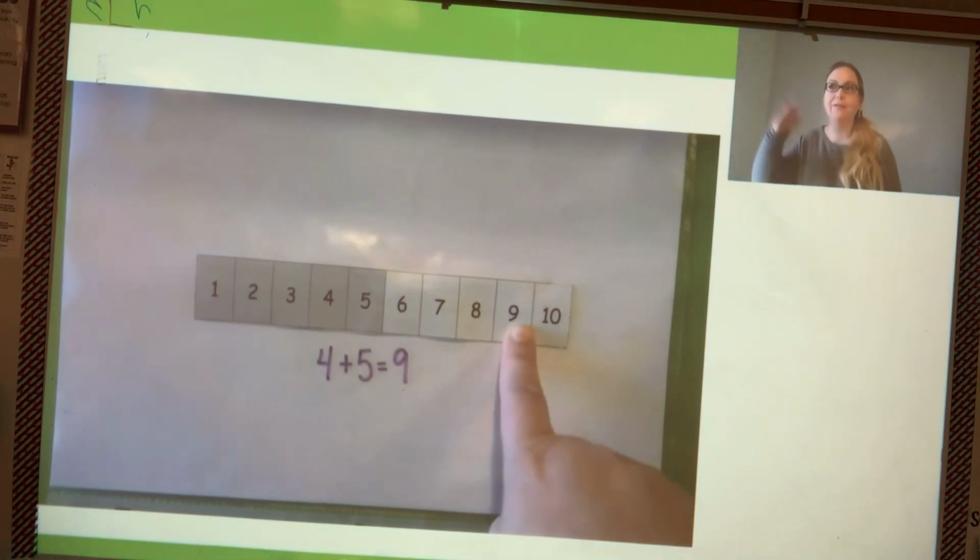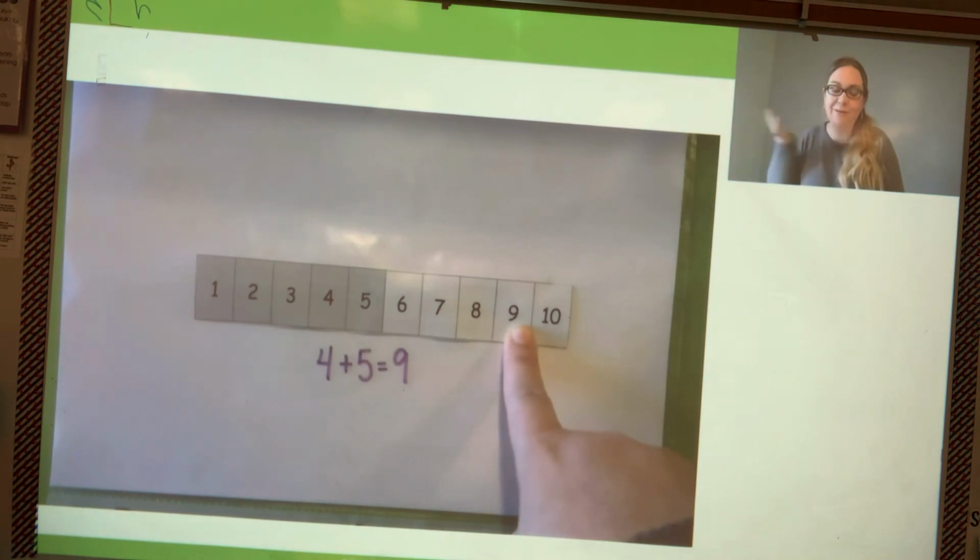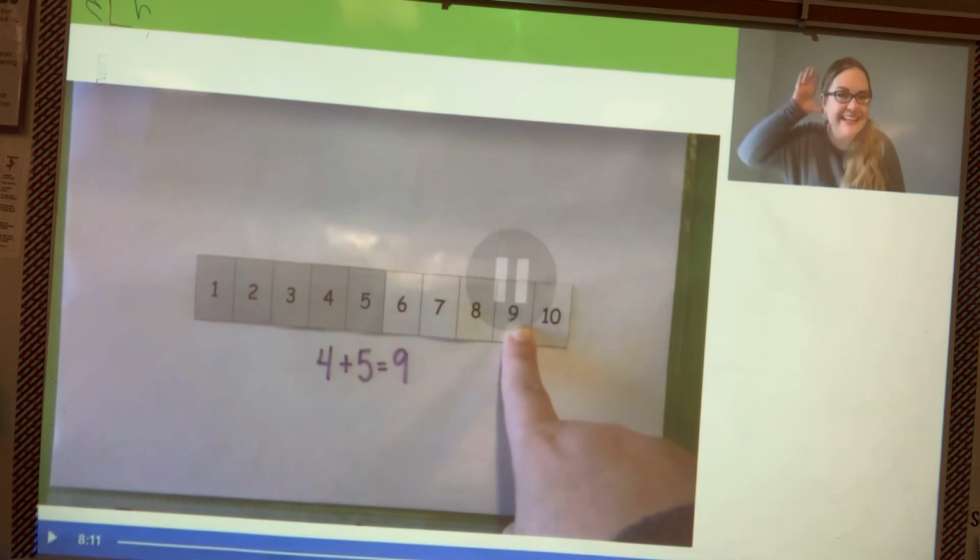Now 5 flew away. So what are we going to do to show that? If they flew away, then we're taking them away. That means what type of number sentence are we doing? Adding or subtracting?